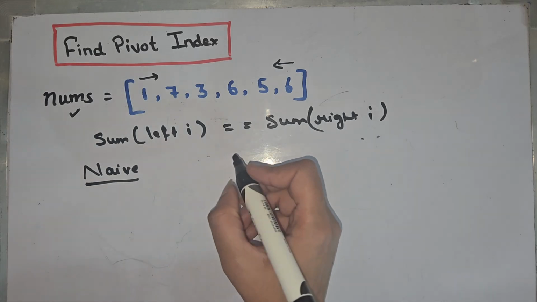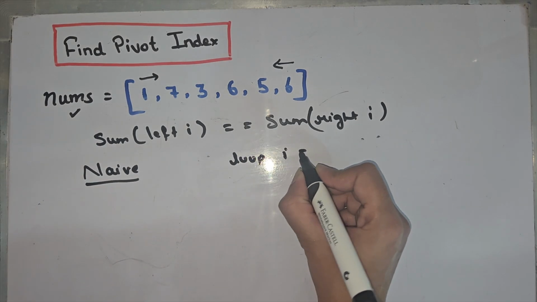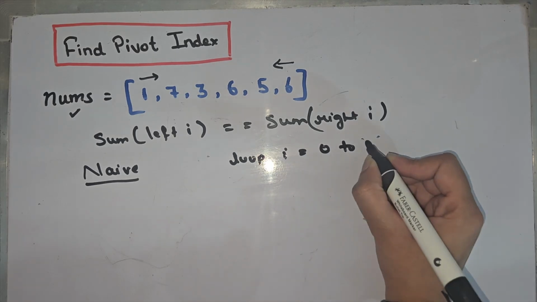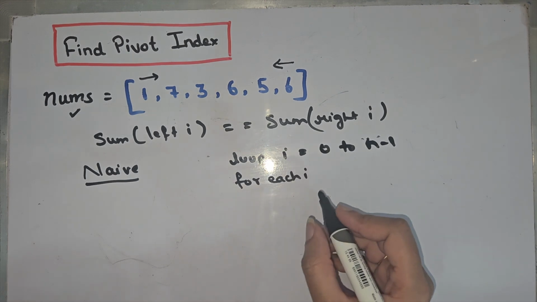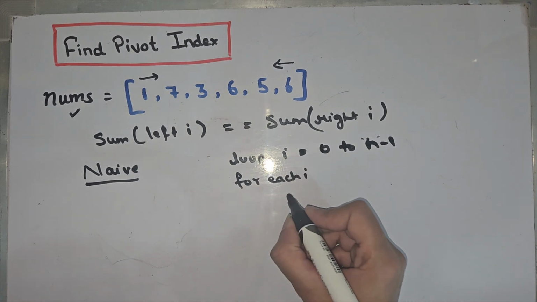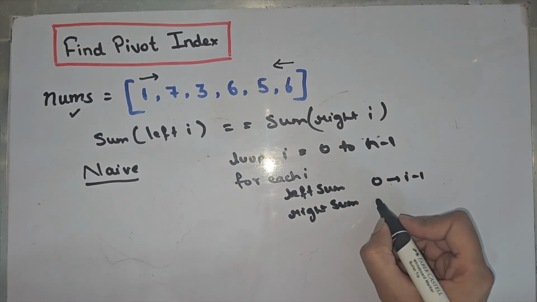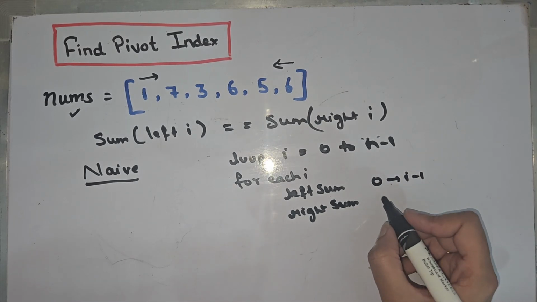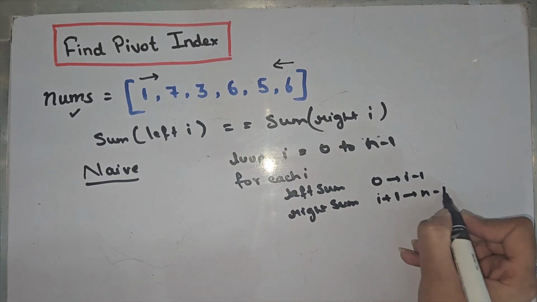So for the naive solution, we will have a loop from i = 0 to n minus 1, and for each i we will calculate the left sum and right sum. For left sum, we will run a loop from 0 to i minus 1, and for right sum, we will run from i plus 1 to n minus 1.